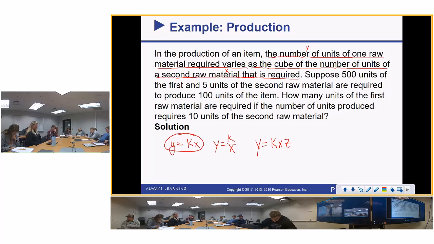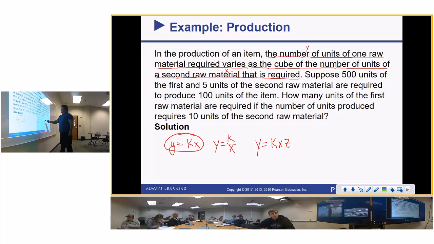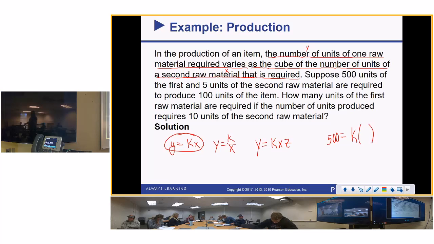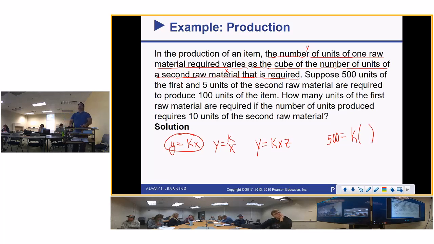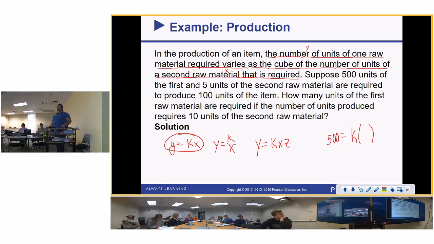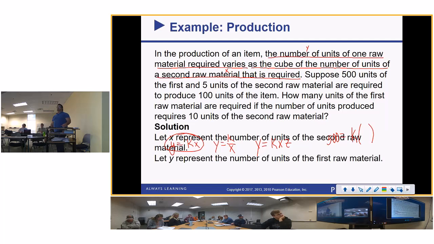And then they say, suppose 500 units of the first, 500 is equal to k times, suppose 5 units. Wait a minute. They're giving us 3 things. So they want us to plug in for k, and they're raising it to the nth power. So write down kx to the nth power.